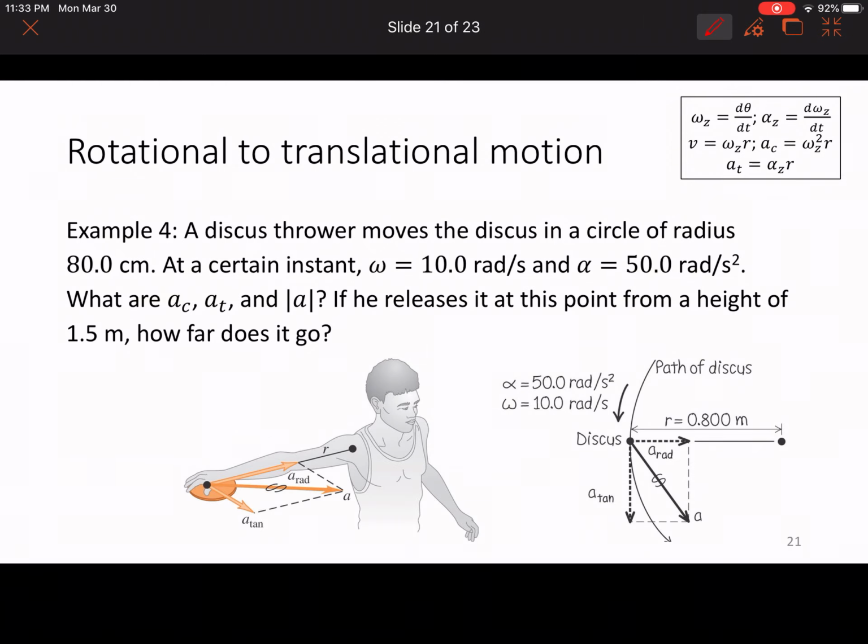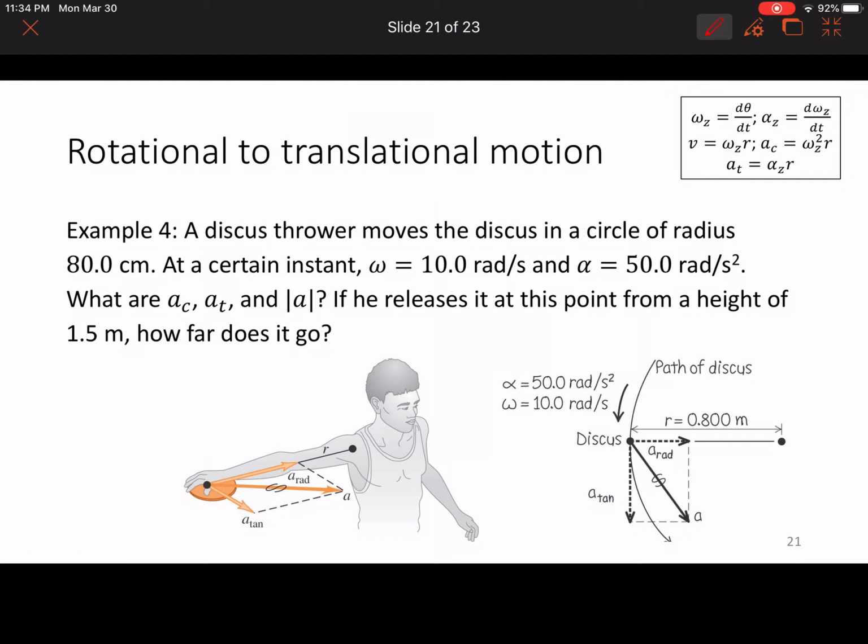There's one more challenging problem that I'm going to give you guys today, and then we're going to talk a lot more about applications of this in the next lecture. So consider the following situation. A discus thrower is going to move the disc in a circle of radius 80 centimeters. Since you all have YouTube access, go find a discus thrower if you've never seen it.